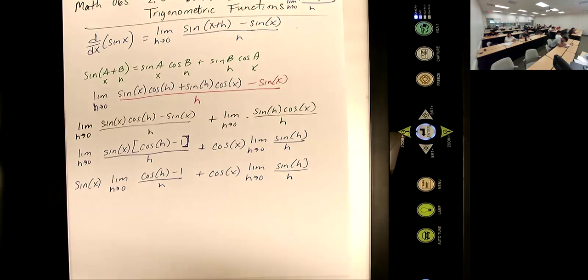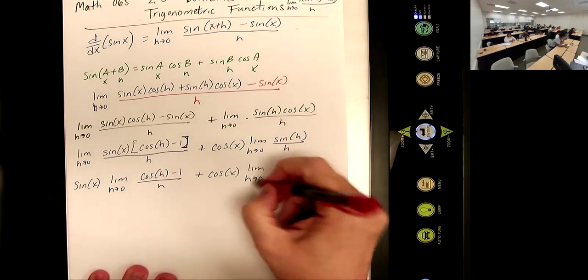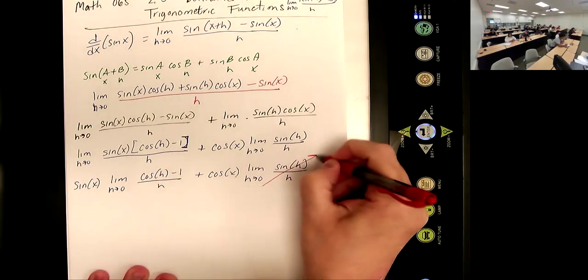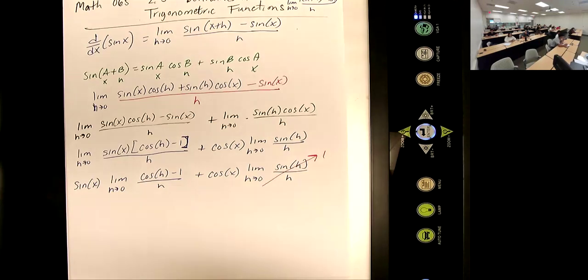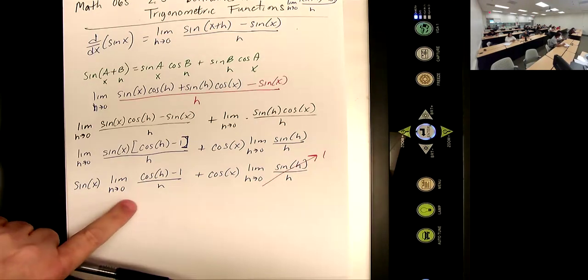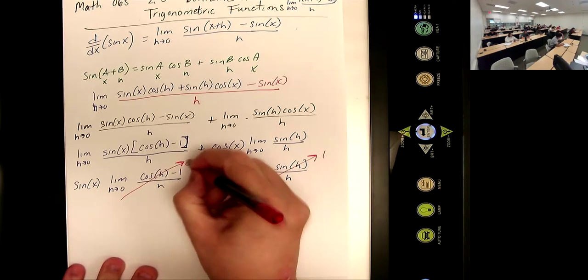Now what? Sine h over h is one. We did that, well, limit as h goes to 0, sine of h over h is one. What about the other one? Question. What is it? 0? Good memory.